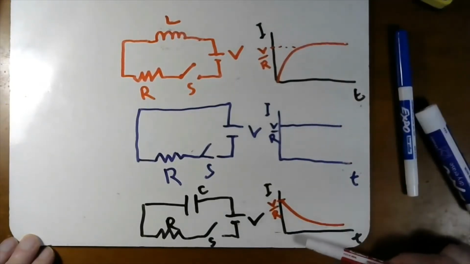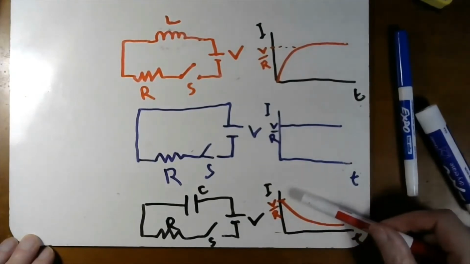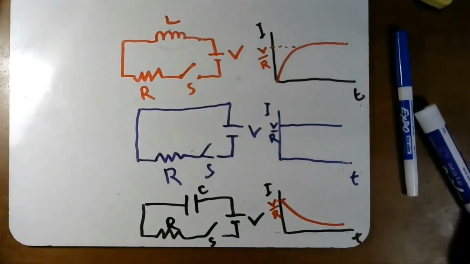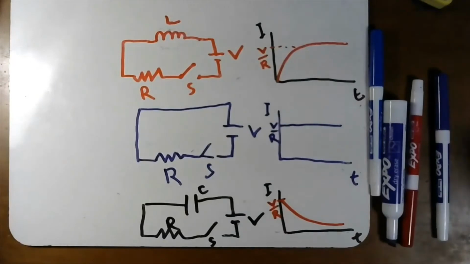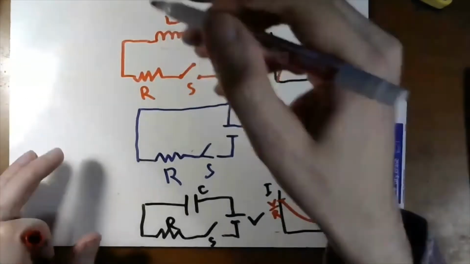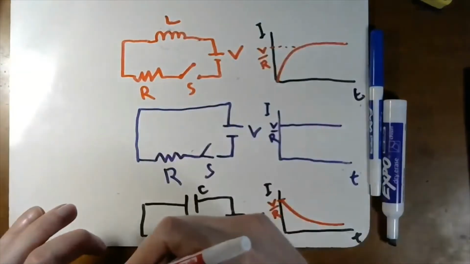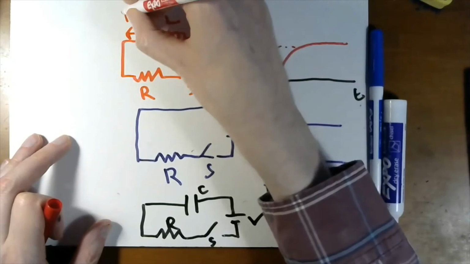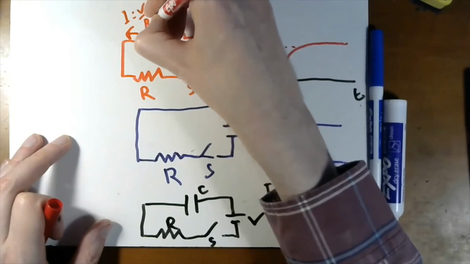Whereas the capacitor allows maximum current at the beginning, and that goes to 0 as the capacitor becomes fully charged. After a long time, the maximum current, V over R, flows through the inductor. I equals V over R.